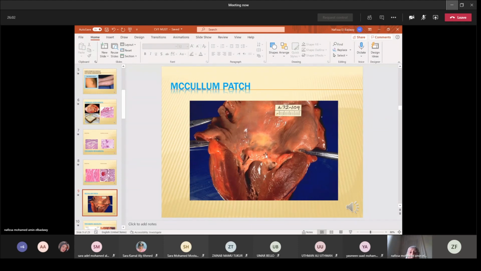They are multiple, and in the case of the mitral valve, they are present on the atrial surface of the valve. So the valve is edematous, swollen, red, and there are vegetations, which are small thrombi present on the surface towards the atrium, and they are firmly adherent.